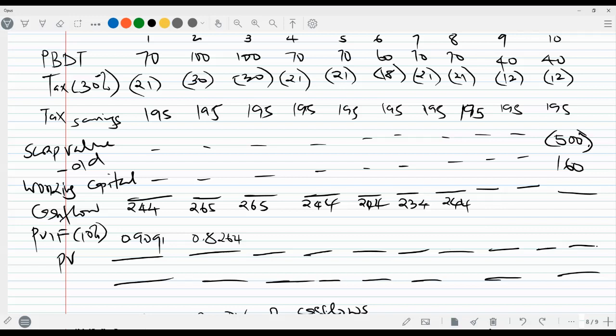Year 6 is the one that is 237. Yes, so here there's the problem, 237.